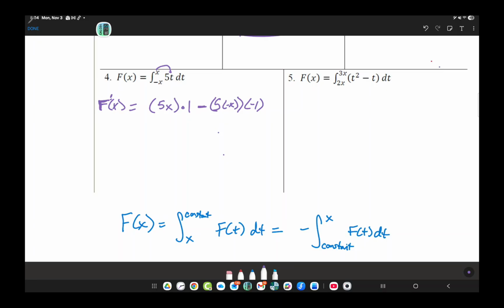Now, that's a lot of negatives there. This first part, that is just 5x. But I have 1, 2, 3 negatives, which means the whole thing is negative 5x, and 5x minus itself is 0.